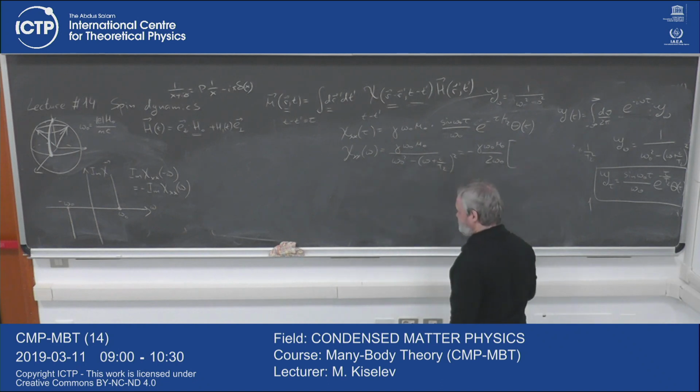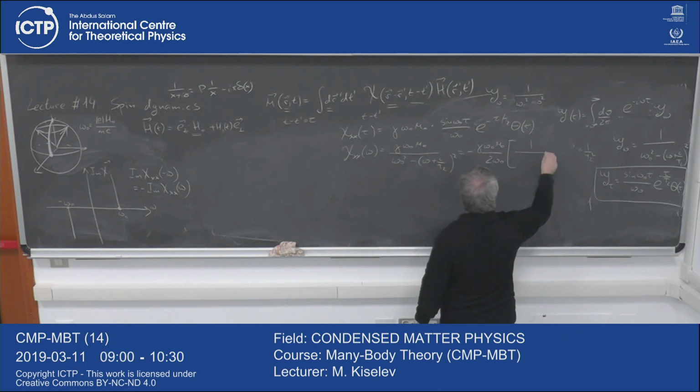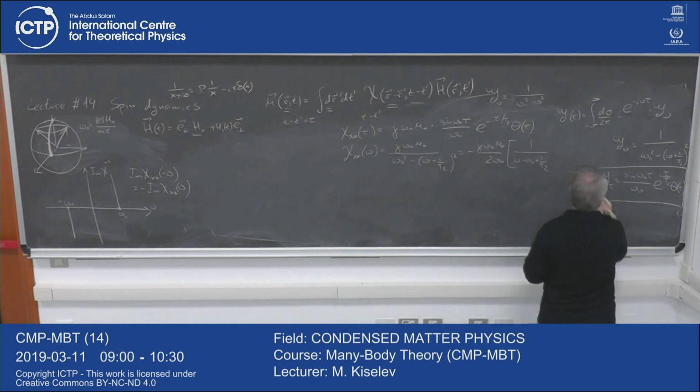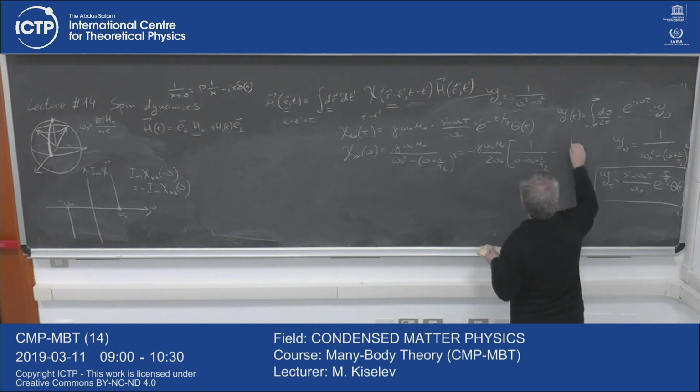And here I have two things: omega minus omega naught plus I over T2, minus omega plus omega naught plus I over T2.